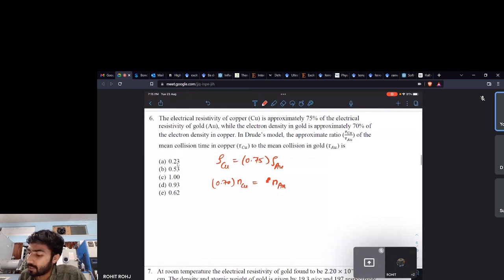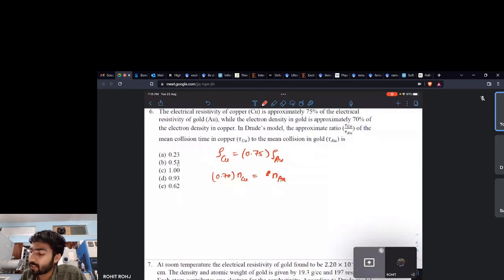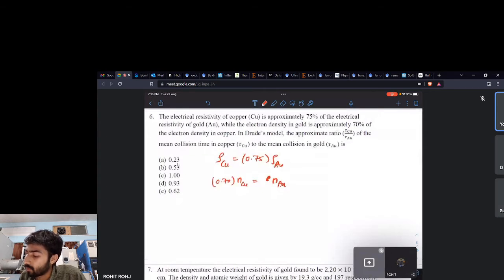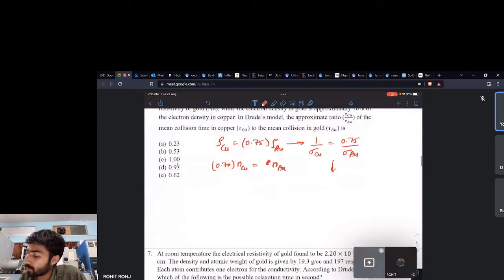So electrical resistivity is in fact the reverse of conductivity. Now one can modify the equation: 0.75 remains on top, and sigma of gold is 0.75 times sigma of copper.